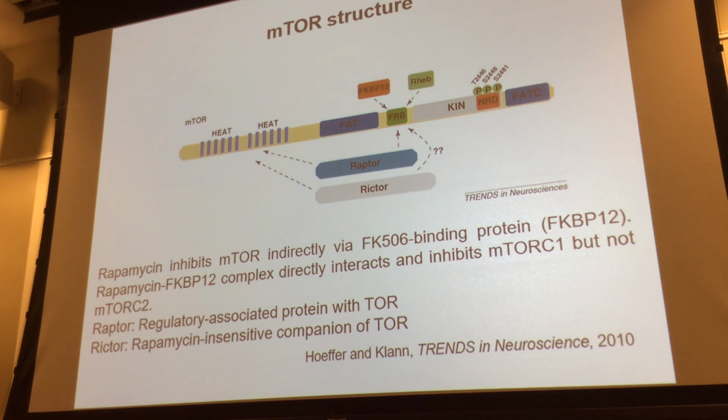Without rapamycin, can FKBP12 interact with mTORC2 at all, or no? Because it seems that that is integral to how rapamycin is working on mTORC1. Probably not. I don't remember all the details, but you need the rapamycin to have the FKBP12 binding. So you need to have that complex.